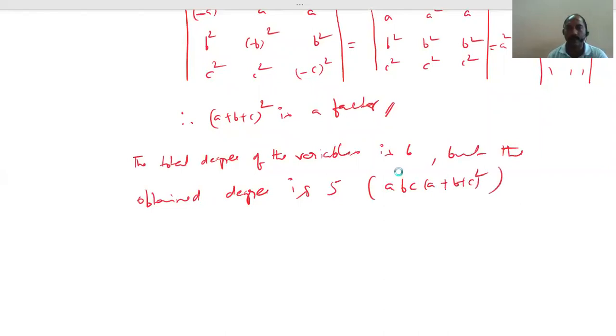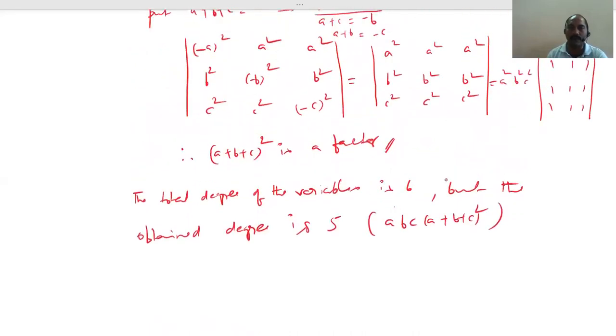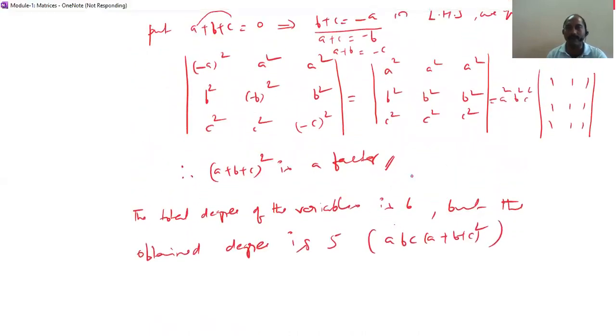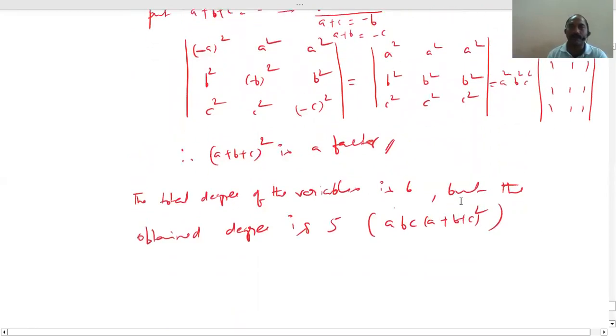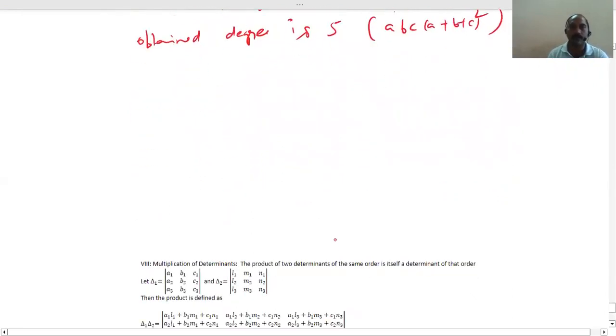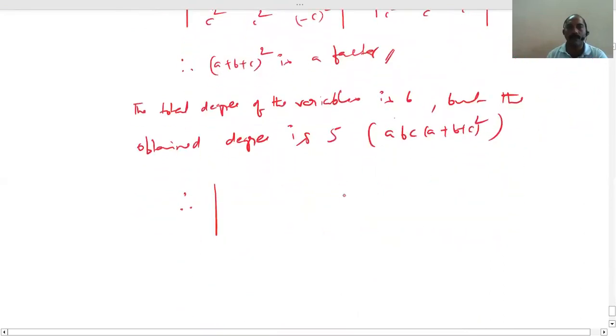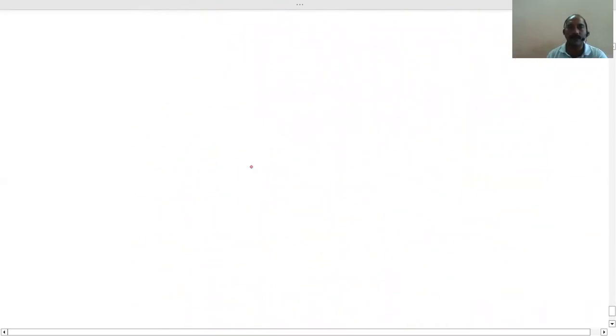Now add A1, B1, C1, A plus B plus C whole square. Total degree 5. Up to now we get 5, but total degree in the determinant expansion is 6. So the other factor is missing. Therefore, this determinant value contains k times a plus b plus c as another factor.